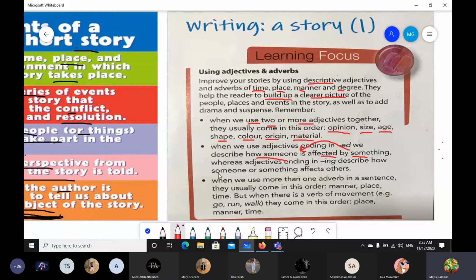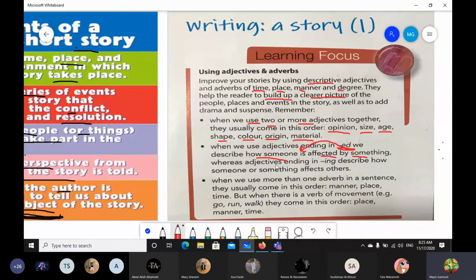So when I say I am interested in playing tennis, I am affected by this game. So this game affected me. This kind of sport, which is tennis, affected the person, affected me. That's when I use an adjective that ends with ed.